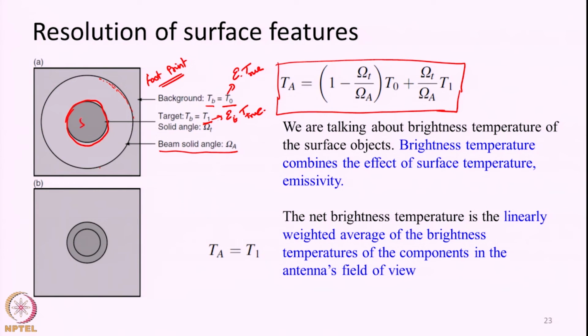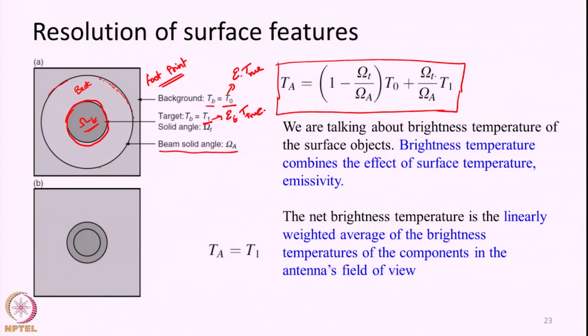Within that particular solid angle, a small fraction is occupied by the target, and the entire solid angle, this outer circle, has a mix of the background, maybe ocean water, and the target, maybe an ice block.